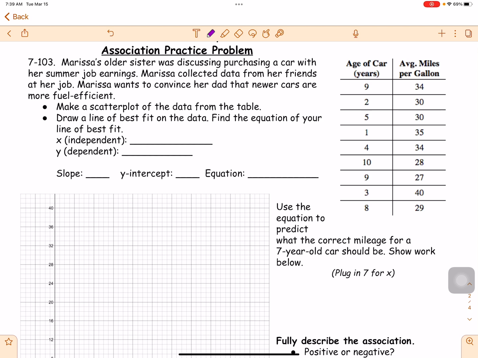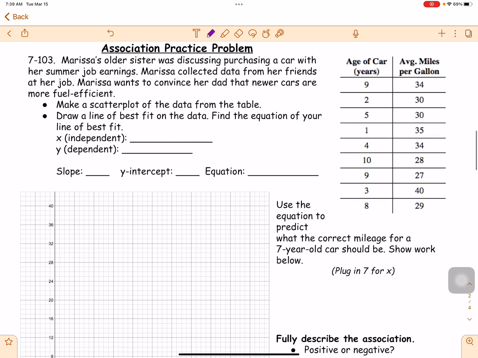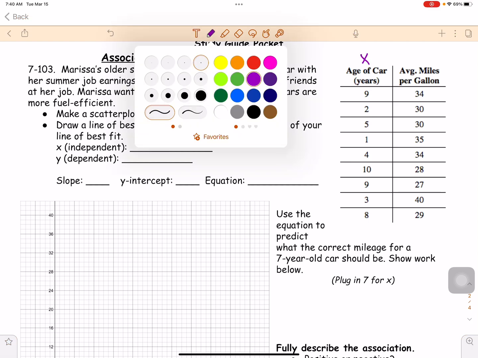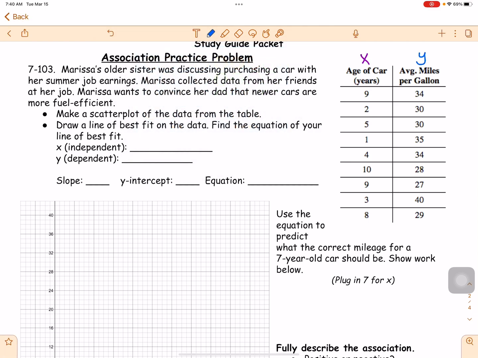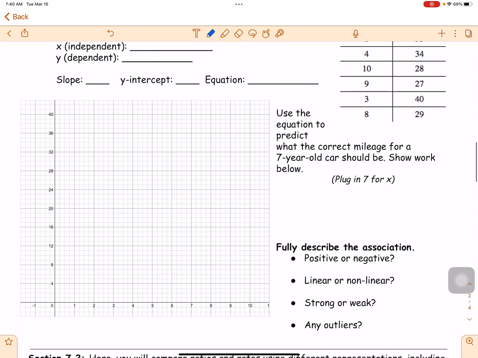Marissa wants to convince her dad that newer cars are more fuel efficient, meaning that they don't need as much gas, they're able to go further, they have a greater miles per gallon. So we're going to make a scatter plot of the data. It looks like we're looking at age of car as our x variable, and then average miles per gallon as our y variable, because we're trying to see if the miles per gallon depends on the age of the car.